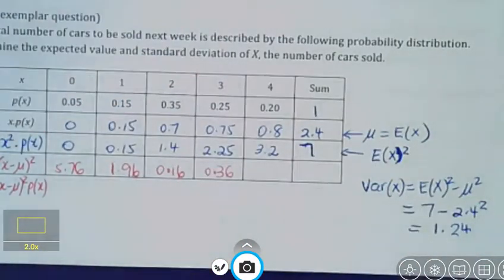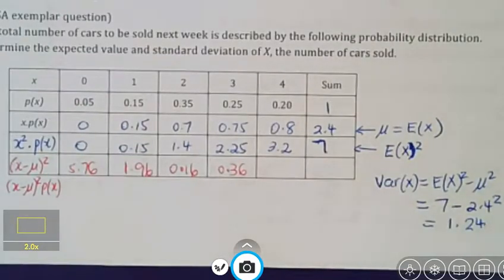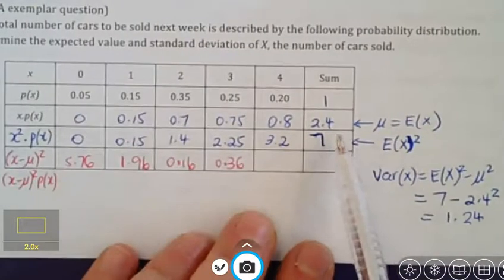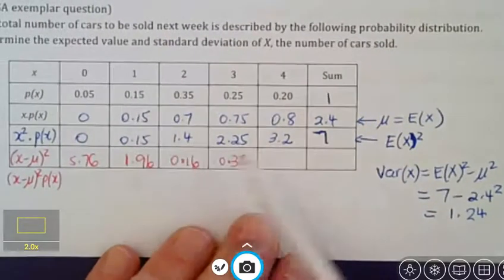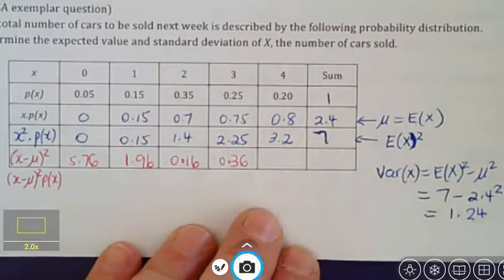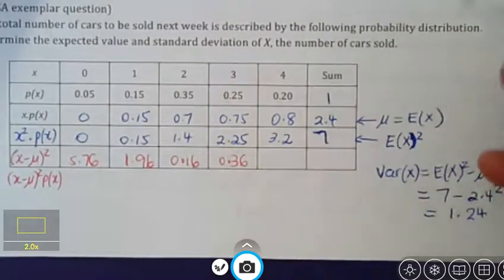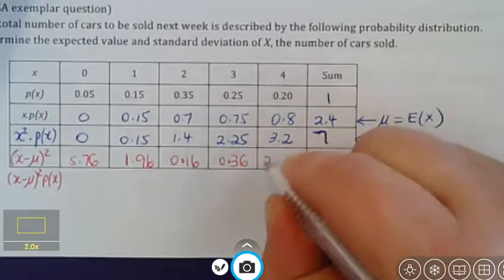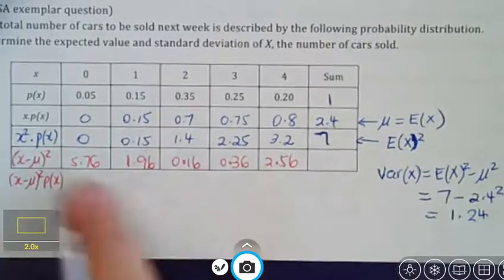So I'm doing this in red because this would not be the method you would go to when your mu or your expected value is not a whole number. It's not nice. The other way was, if you look at the first example we did, they were whole numbers. It's much easier. And 4 minus 2.4 is 1.6 squared. That's 2.56, I think. Is that what you're getting? And then add them all.